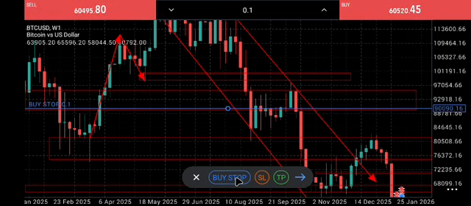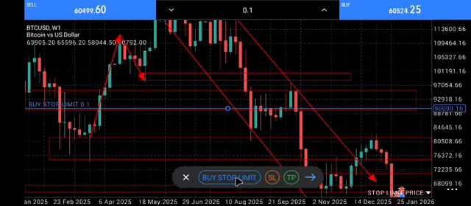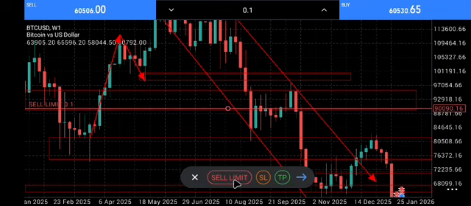Here, yes, buy stop. These are called your pending orders, guys. We normally call them pending orders. A buy stop limit is a pending order. A sell limit is a pending order. A buy stop is a pending order.